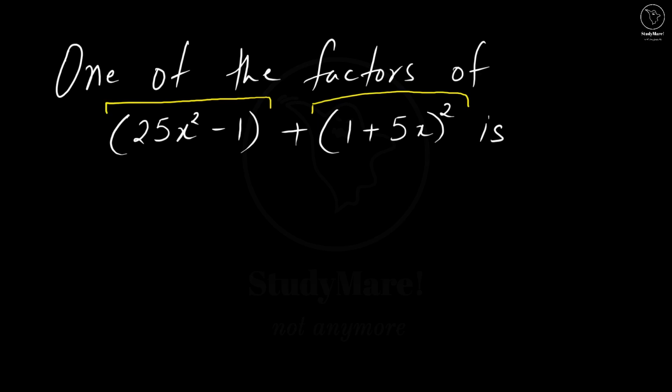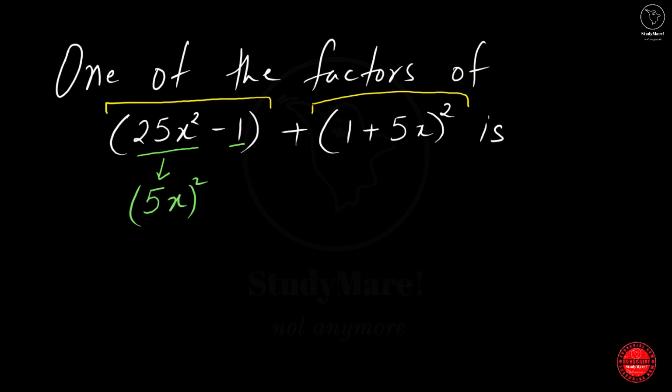Now look a bit more deeply, try to dig. In the first term, we have 25x², which can be written as (5x)².